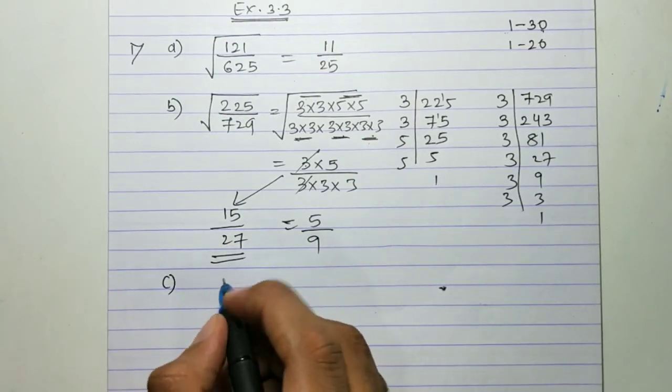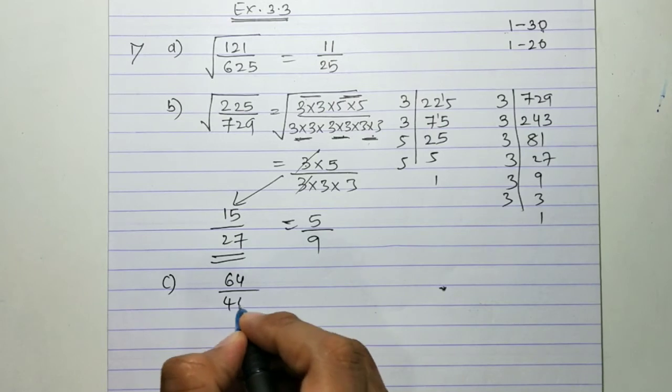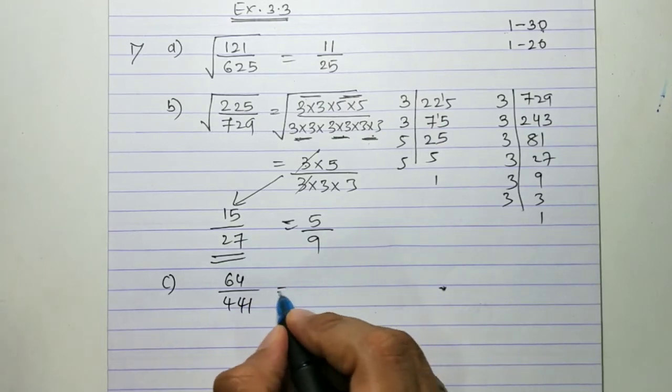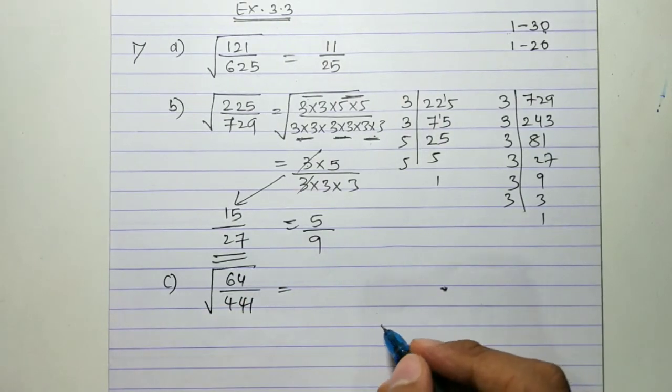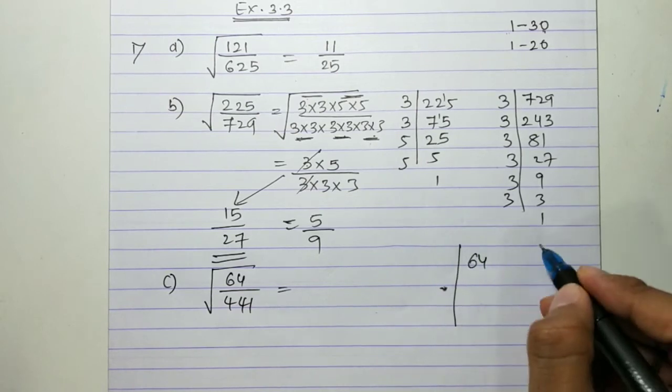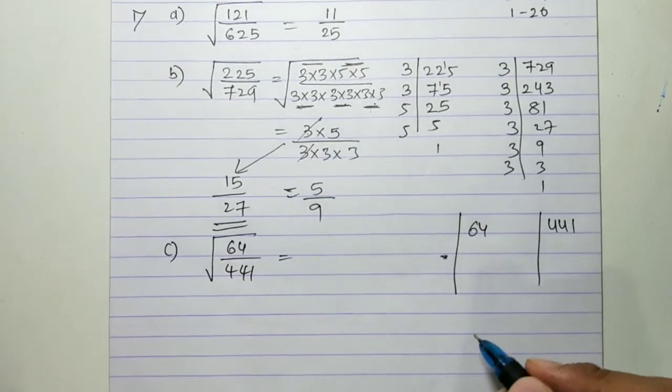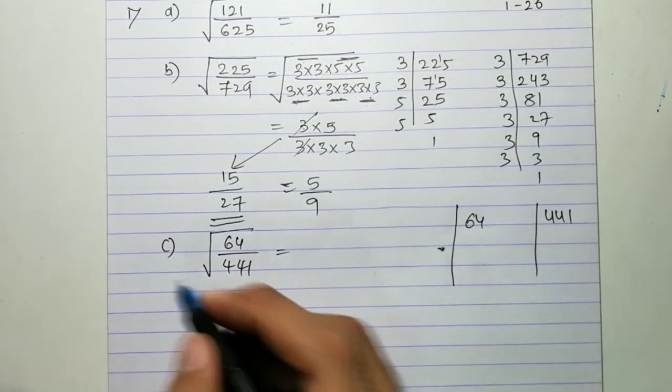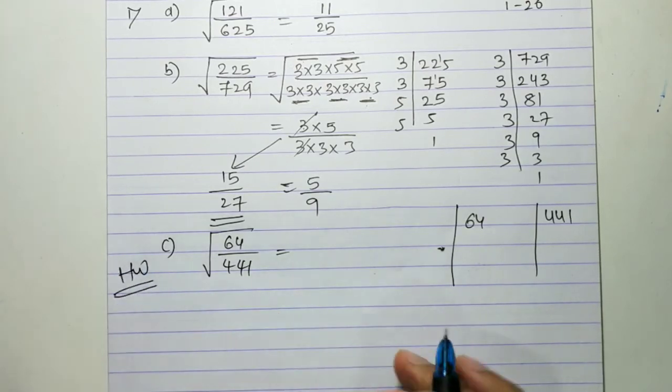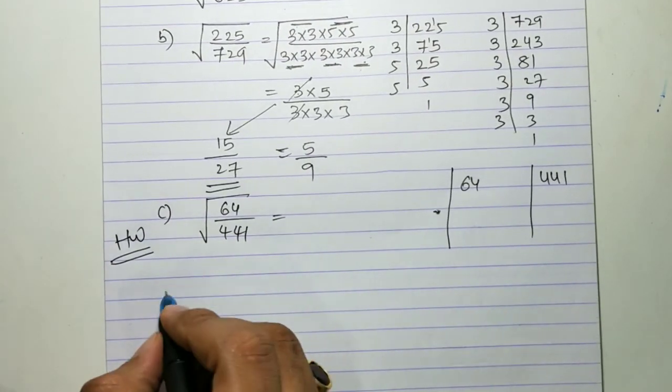The C1 is 64 upon 441. Okay, find the square root of this. So prime factorize 64, prime factorize 441. Okay, this sum I'm giving you for homework. You can do it.